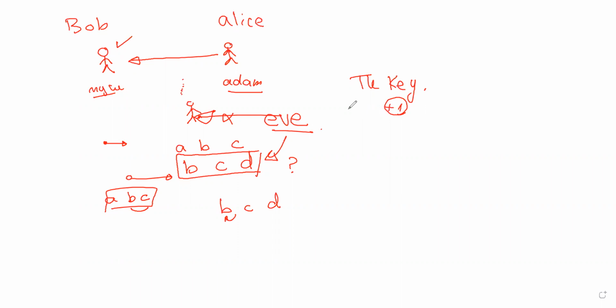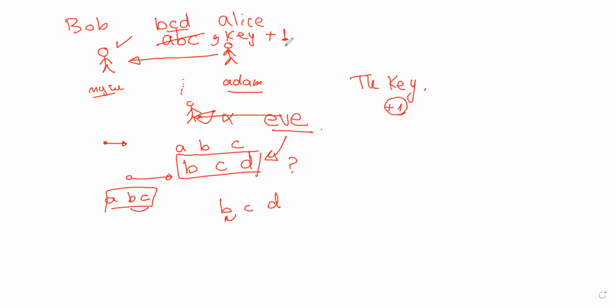Yes. So basically we have to meet. But let's say Alice does something really stupid and pretty bad: she sends the message and says the key is +1. So she sends the message, B, C, D, and she says the key is +1 in the same message.